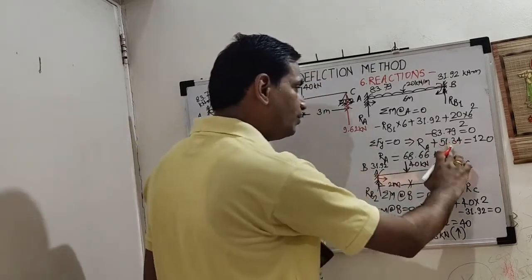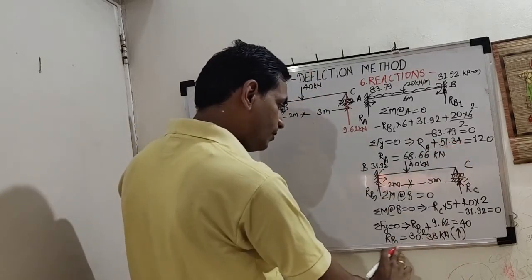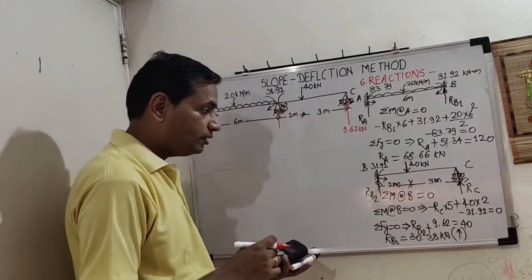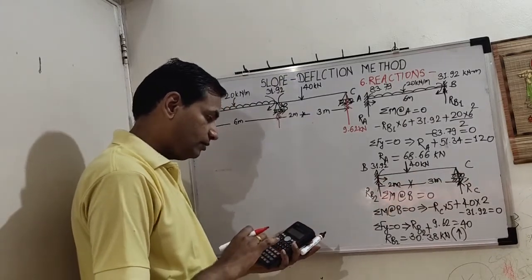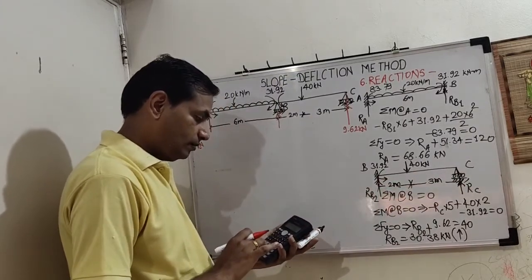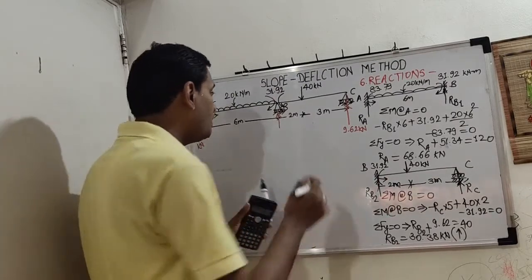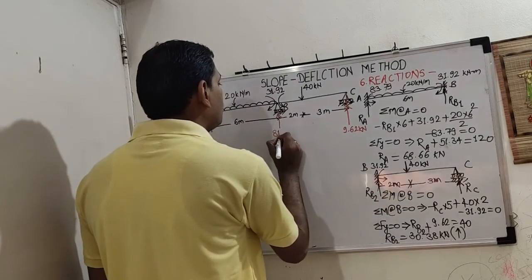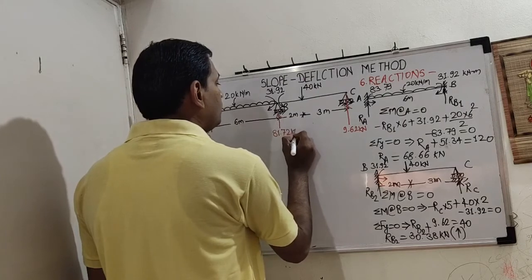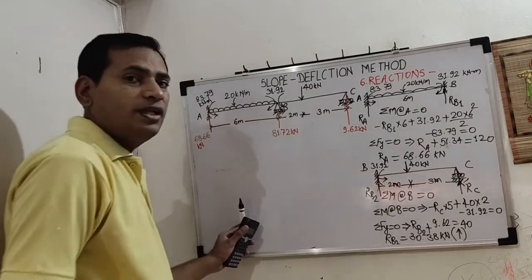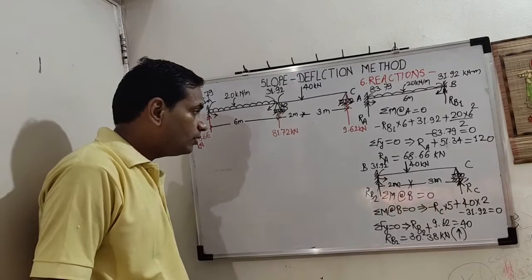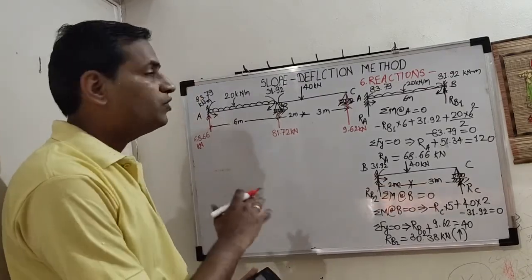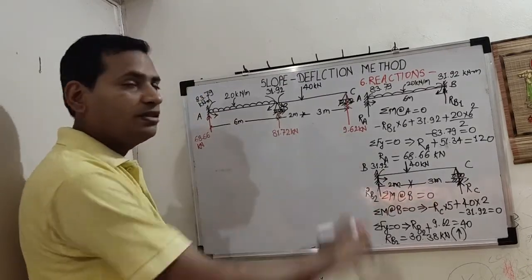RB1 is 51.34 plus RB2 is 30.38. So it is 81.72. Okay, 81.72.